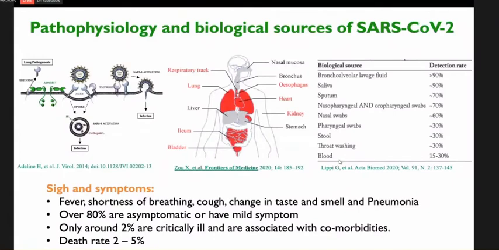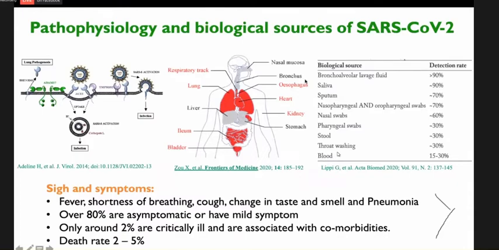Regarding the pathophysiology, the virus uses the spike protein to infect human cells using ACE2 receptors, and these ACE2 receptors are expressed on the cell surface of many tissues, including respiratory epithelia, nasal mucosa, pneumocytes, heart, kidney, gastrointestinal tract, and testes. The organs shown here in red are more likely to get infected by the virus and potentially act as a high reservoir for it.